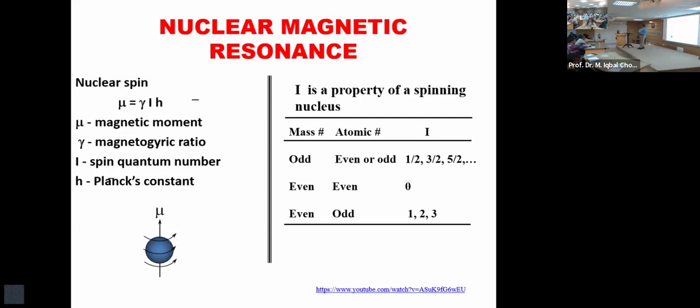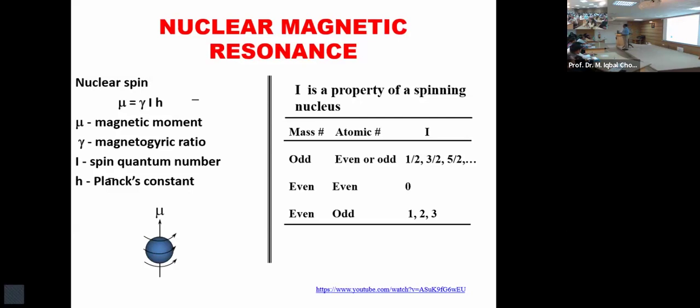So either the neutrons are odd or the protons are odd, and then only those nuclei are NMR active. Think of it. If carbon 12 is not NMR active, you must be very sad.